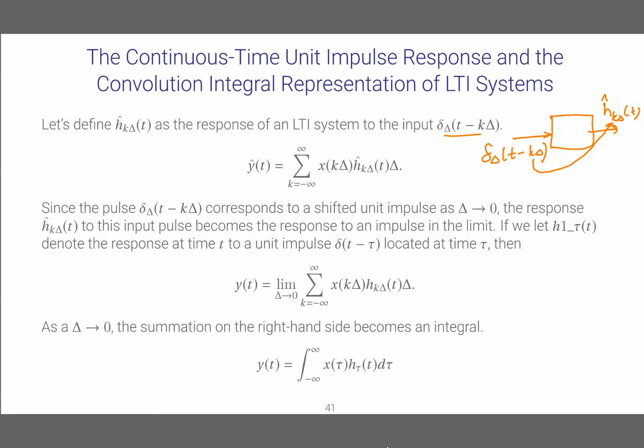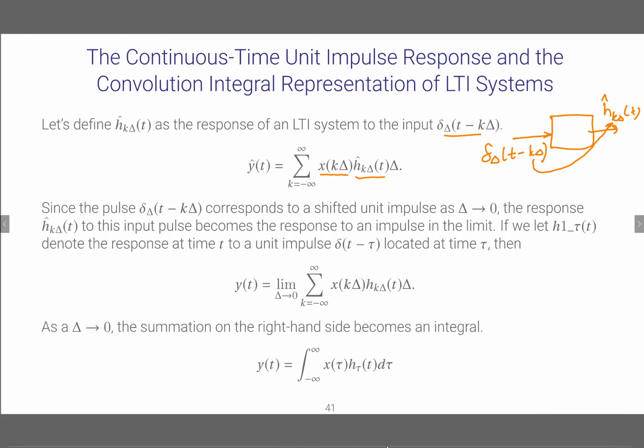So therefore we can compute the output, if the system is linear, by getting the same linear combination in the same multiples. The multipliers are x(kΔ) as you saw before, and combining the outputs. Since the pulse δ_Δ(t − kΔ) corresponds to a shifted unit impulse as Δ goes to 0, the response ĥ_kΔ(t) to this input becomes a response to an impulse in the limit.